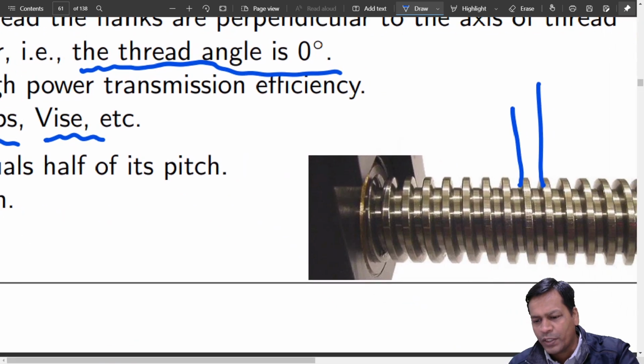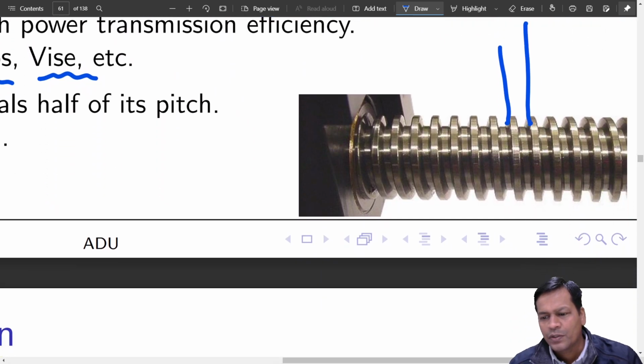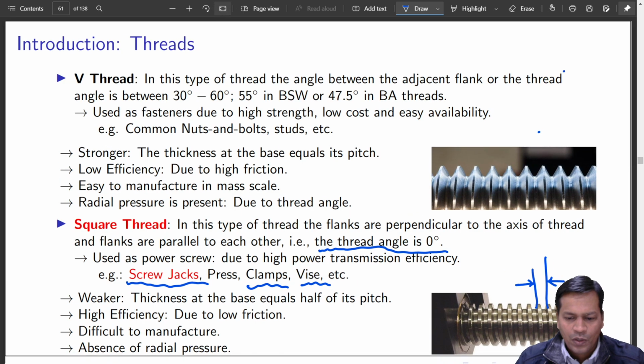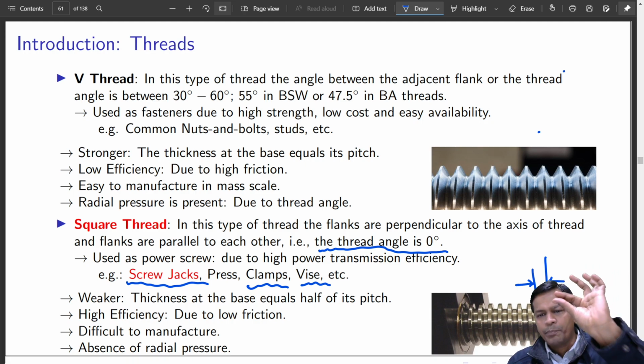If I zoom it further, you can see this. So this becomes your pitch. Distance between two consecutive threads is your pitch. Got it? So width of the base is equal to half of the pitch.